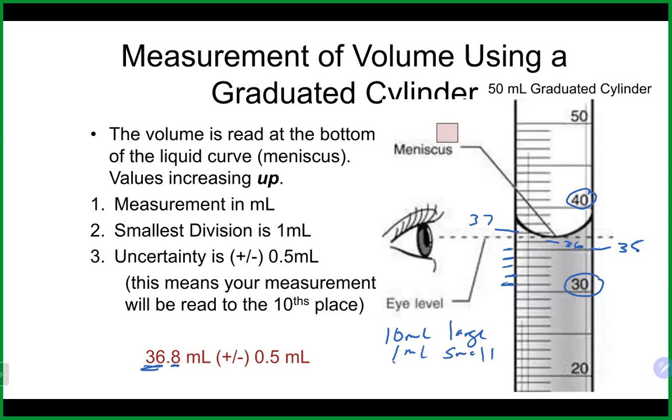And once again, if we were to divide our small digit by 2, that tells us we should go plus or minus 0.5 milliliters, which tells us we should go to 1 decimal place, which is what this reading is here. The uncertain or estimated digit is that 8 at the end of the measurement. Any questions on that one there?